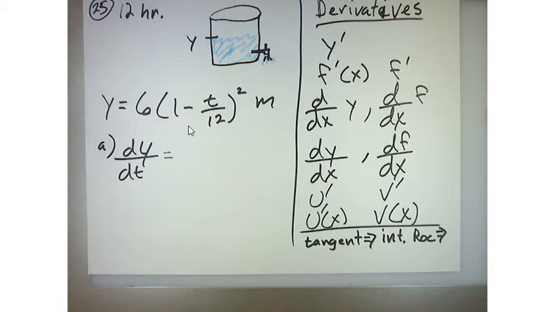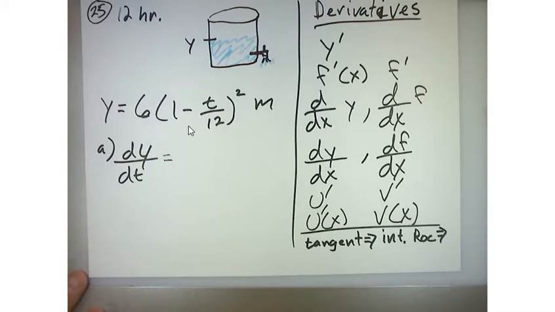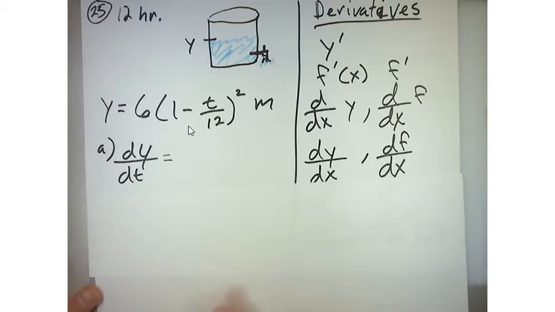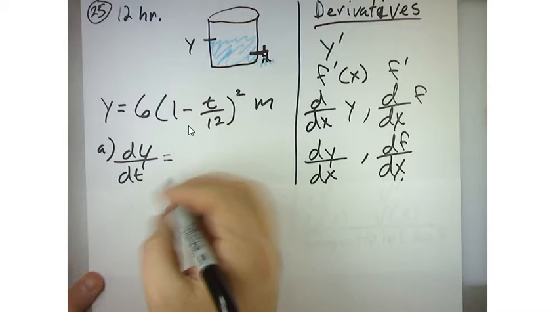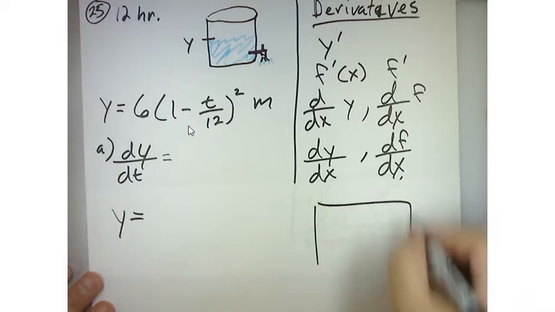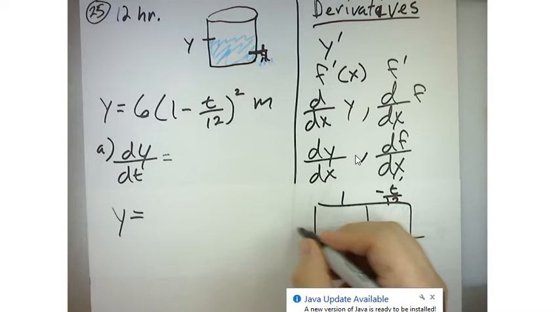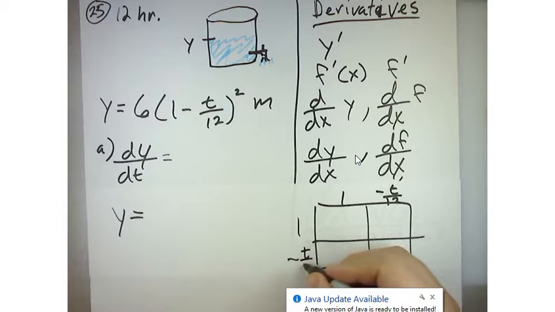We have a couple of constants in the front, and there's lots of ways you could do this. Probably what I would do first, before I take the derivative of this thing, is expand some things and multiply it out and see what I get. So the first thing I would do is say that y is equal to, over here to the side, (1 minus t over 12) times (1 minus t over 12), like that.